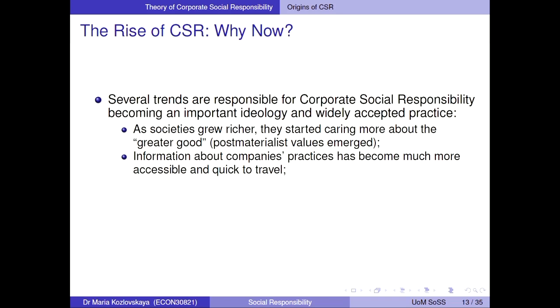The second reason why CSR became a much more accepted practice is because of transparency in the world. Thinkers of the 20th century were afraid of the big brother, but it turns out that there's not one single centralized big brother. We all turned into big brothers now. Now the transparency goes both ways.